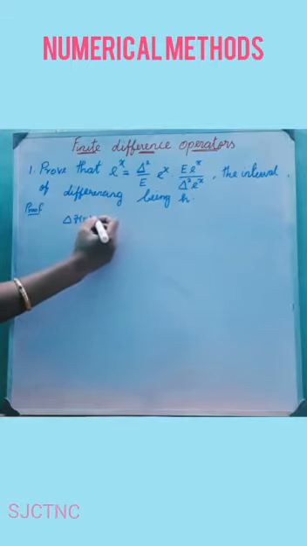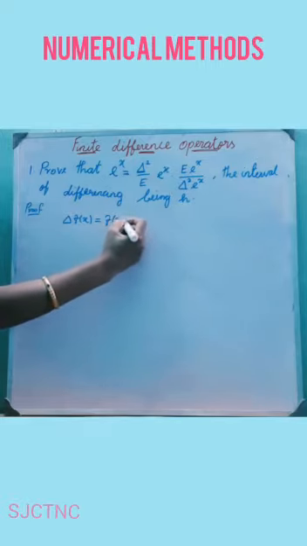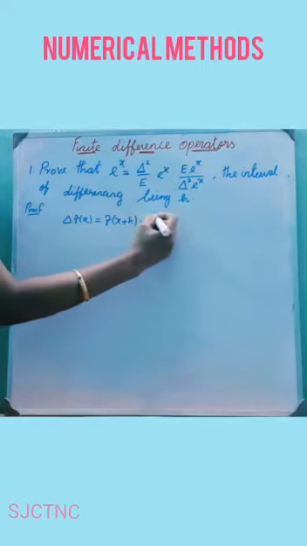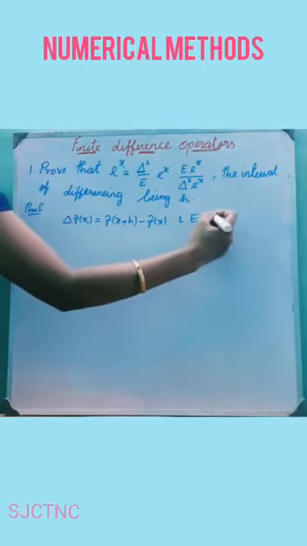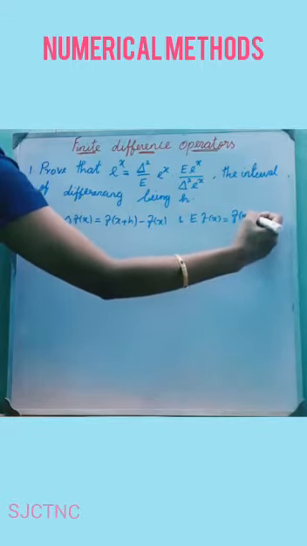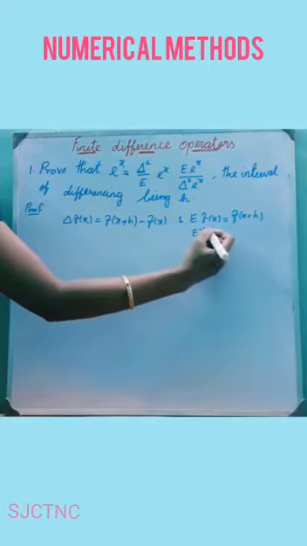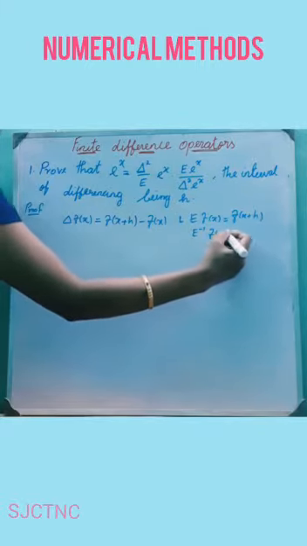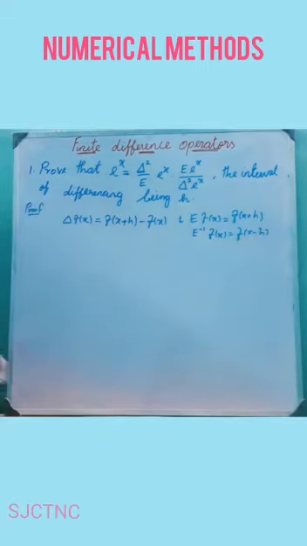Forward differencing of f of x equals f of x plus h minus f of x, and e f of x equals f of x plus h, and also e inverse f of x is nothing but f of x minus h. So these are the formulas we are going to use.